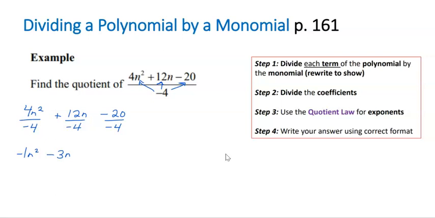And our last term, we have -20 divided by -4, which results in a +5. If we write our answer in correct format, we can get rid of the one coefficient. -n squared minus 3n plus 5 is our simplified polynomial from the division.